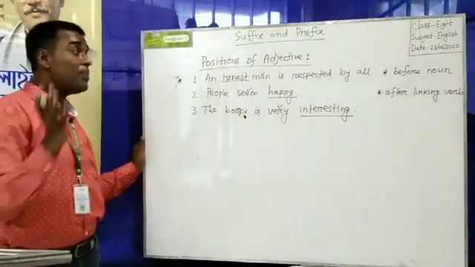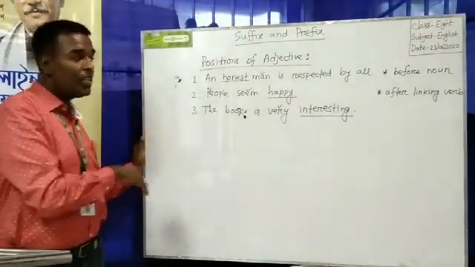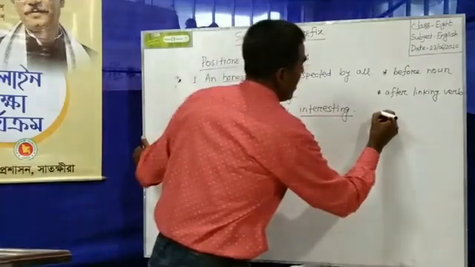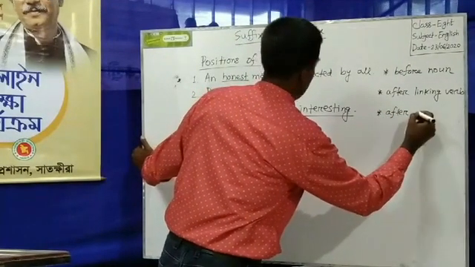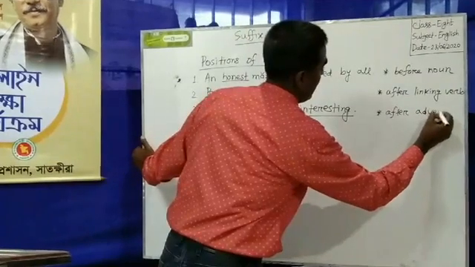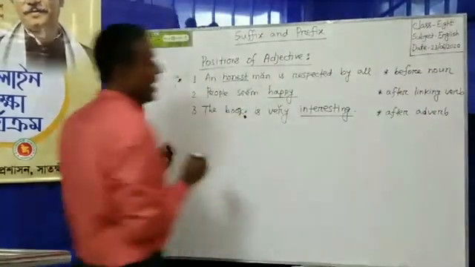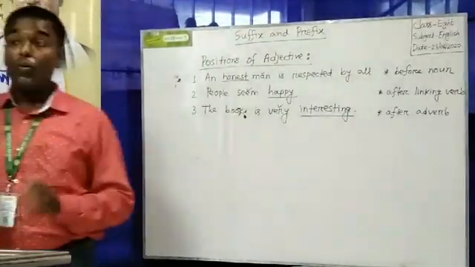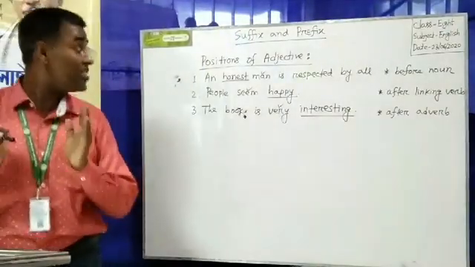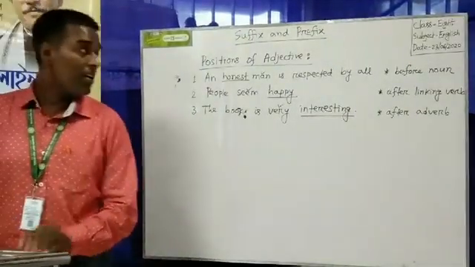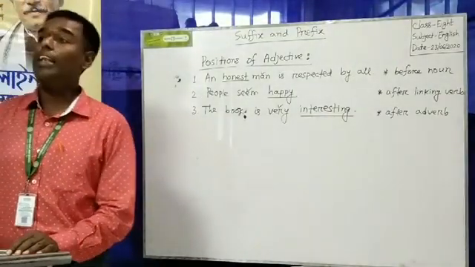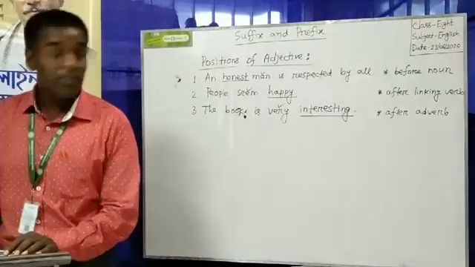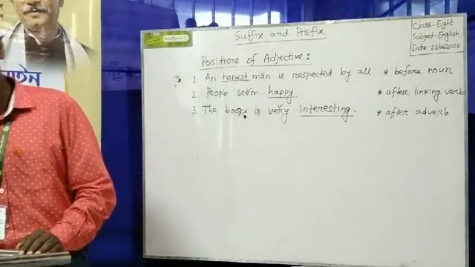So, what is the position of interesting here? After adverb. Dear learners, we have got three positions of adjective here. First one is before noun, then after linking verb, and the last one is after adverb.